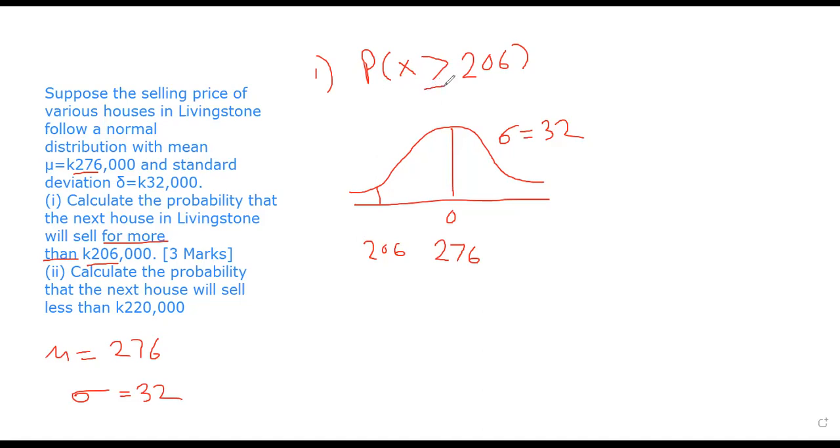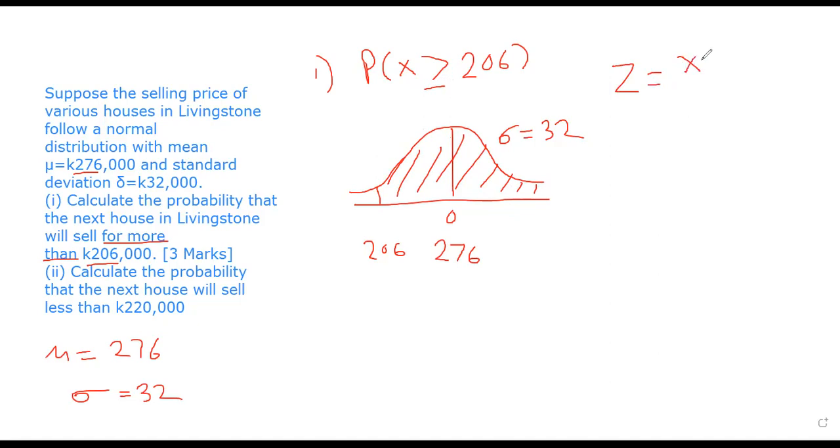On the right, because x is greater. Good. On the right, because it says greater than 206. So we're shading on this right. So step 1, illustrate. Step 2, shade. Step 3. What is the third step? Standardize.